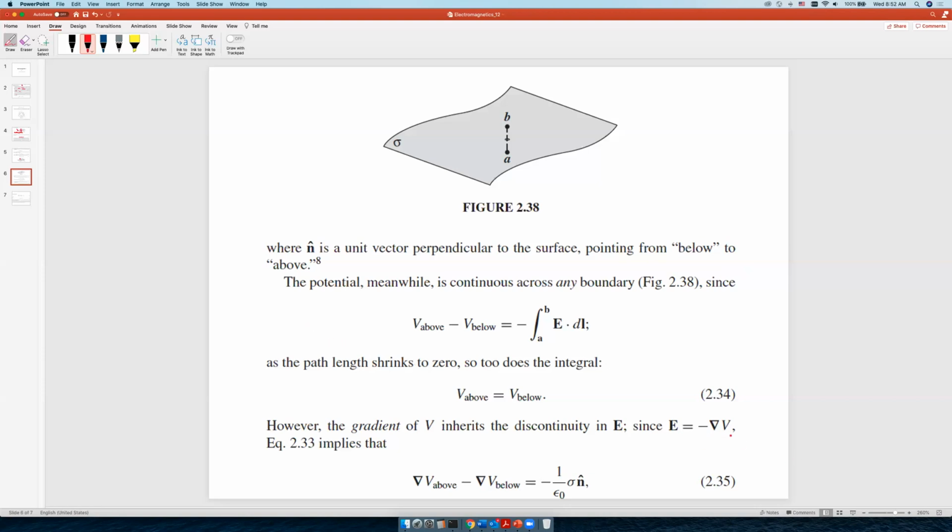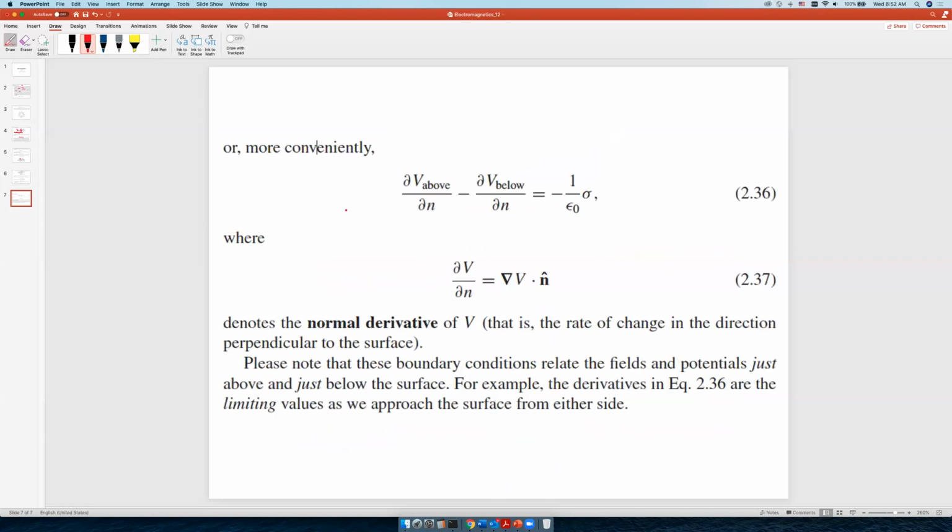It's just E equals negative gradient of V. Or more conveniently, we can write it this way: partial V above over partial n, minus partial V below over partial n, equals negative 1 over epsilon times sigma, where partial V over partial n is the gradient of V in the normal direction.